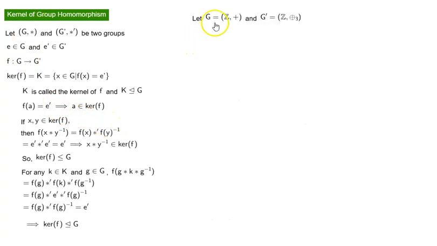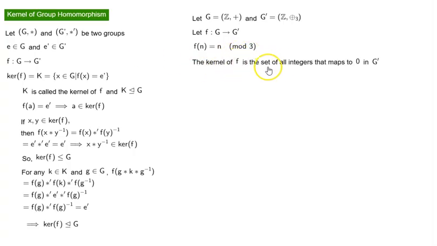Let G be the group of integers under addition, and G prime be the group of integers under addition modulo 3. And let the homomorphism f map from G to G prime, where f of n is equal to n mod 3. So the kernel of f is the set of all integers that map to 0.